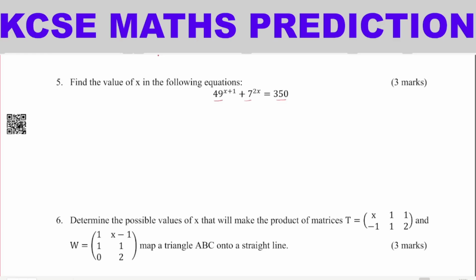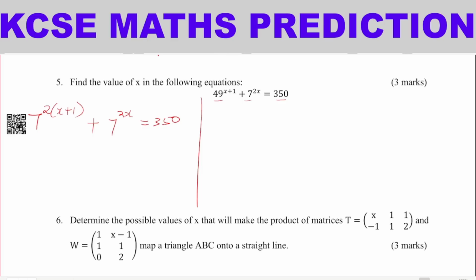You're going to first write 49 raised to power x plus 1 using base 7 in power form. That is, 49 will be 7 squared, and then there is x plus 1, then plus 7 raised to power 2x is equal to 350.